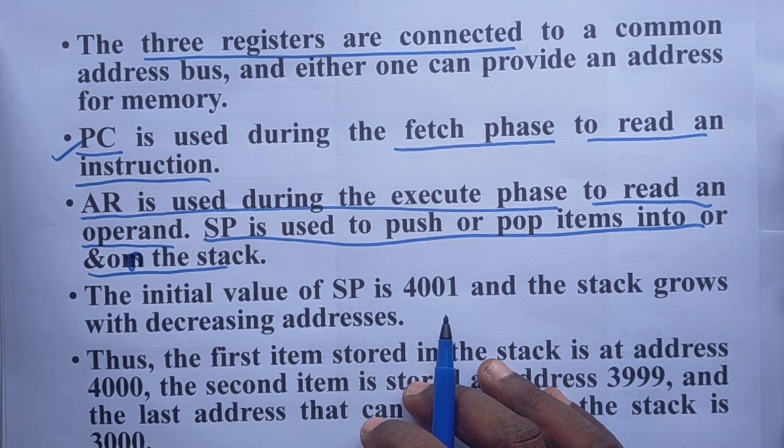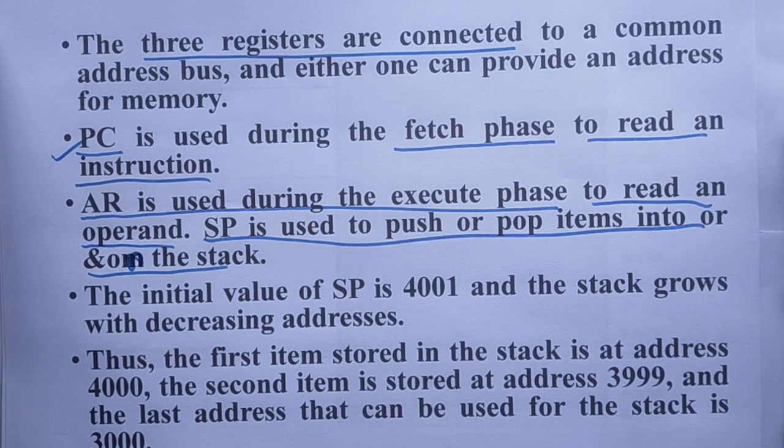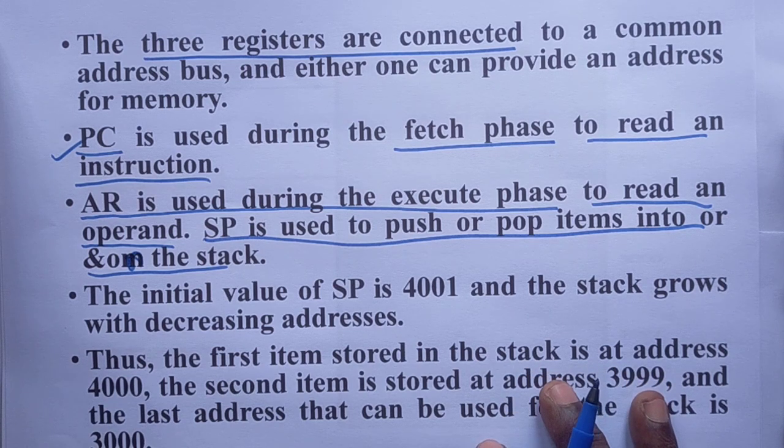Why? Because the stack pointer is very important. It keeps track of the data on the top of the stack. Whenever any operator comes, it operates on the last or top two operands, either plus, minus, or any kind of operation, addition, subtraction, through the stack pointer.